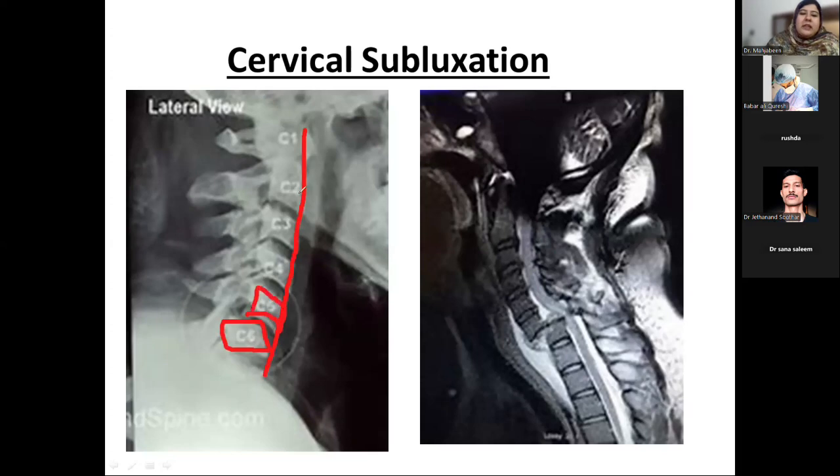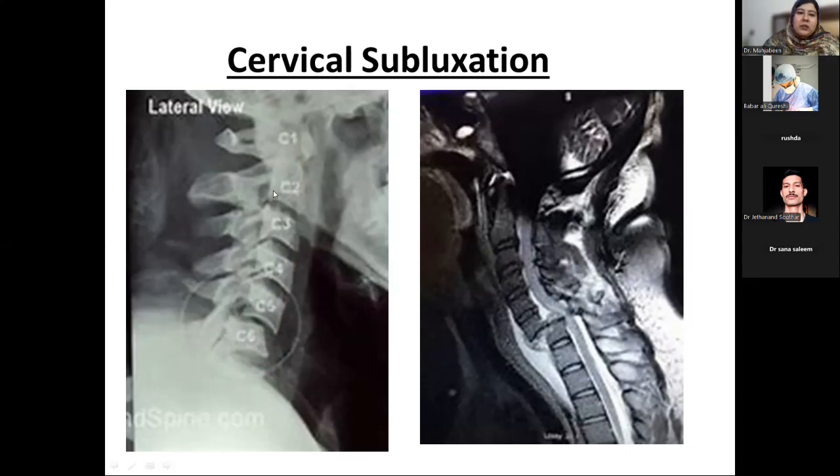So when you see that there is misalignment in this line, again, even in the posterior vertebral line, यहाँ पे आके exactly this is disrupted. So it means that there is some kind of misalignment, and there is some instability in the spine. So there must be a fracture or a dislocation. So in this particular image, we have a disruption of C5 C6 joint that is causing C5 C6 subluxation.